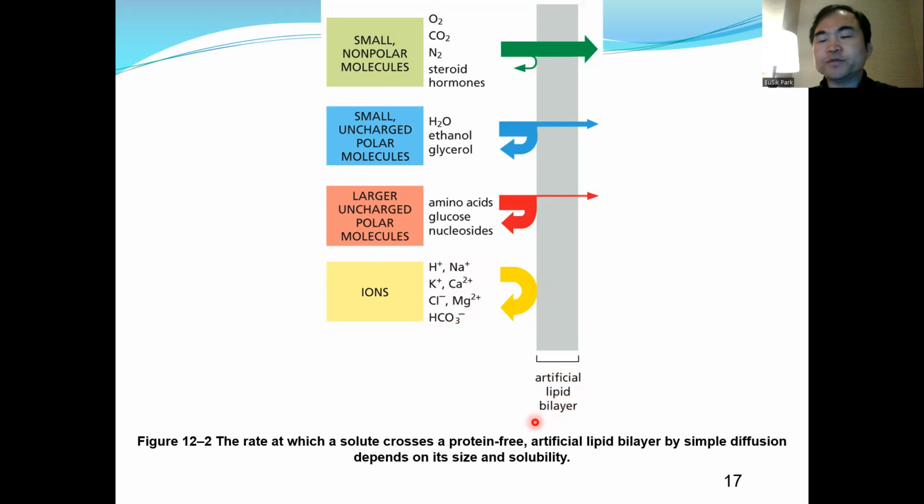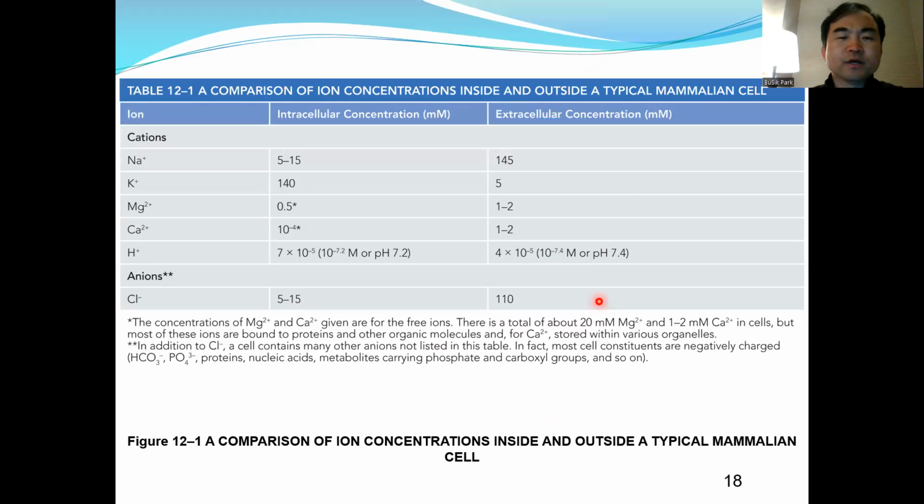So that is the artificial lipid bilayer. And then how can these molecules move through? Using active transport through the protein. So it's like a comparison of ion concentration inside and outside a typical mammalian cell.